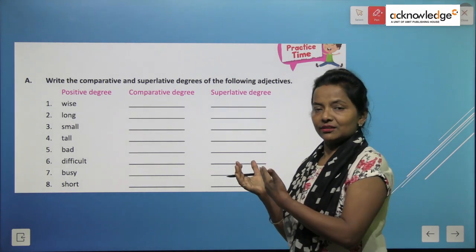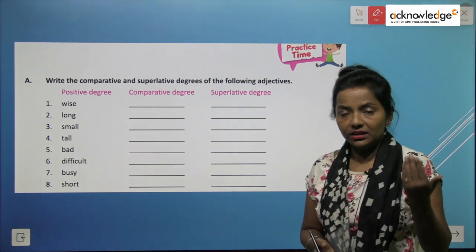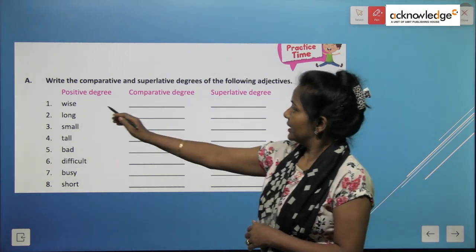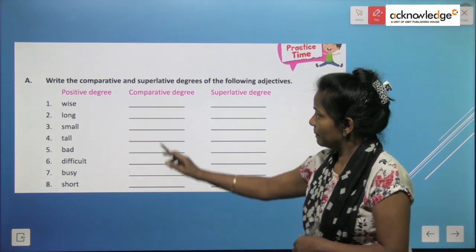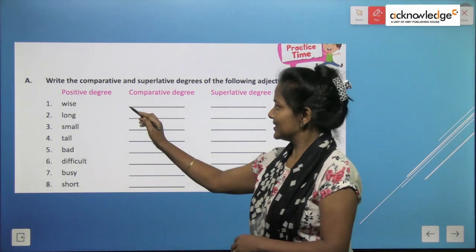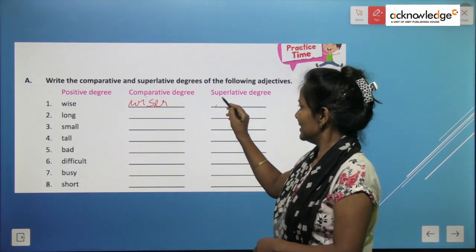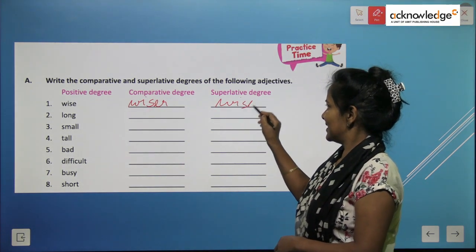We will just find out how much we remember here. We have to recall the rules also. Positive degree is given, comparative degree is here and superlative degree is here. Wise, wiser and wisest.